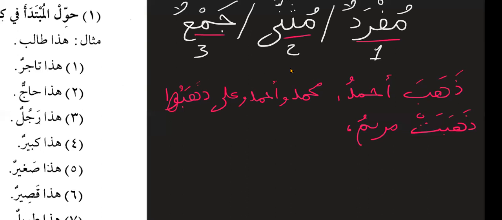And then we have, for example, مريم وعائشة وخديجة, we say ذهبن.